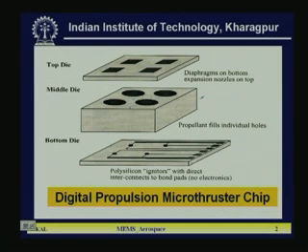If you heat a particular groove or propellant chamber, pressure will be created, and due to the pressure the diaphragm will be punctured and the propellant will be ejected. So that is the basic principle of the digital propulsion microthruster chip.